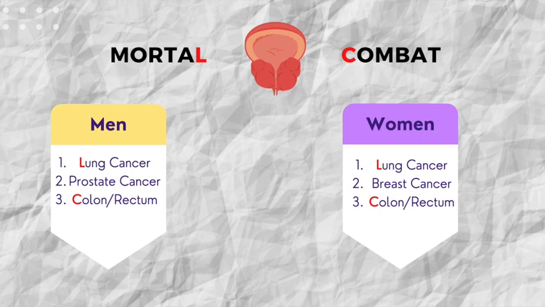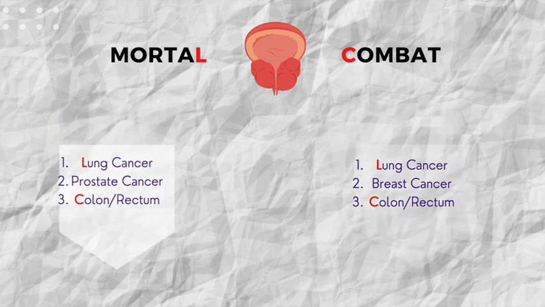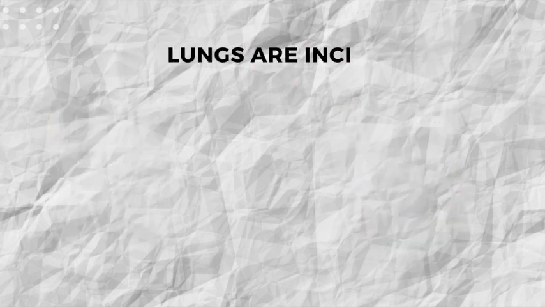And next, questions that examiners love to ask because they think everyone will confuse cancer-related deaths versus the incidence. We're not going to do that here because you're watching this video. All you have to know is that the lungs are inside. Lungs are inside.